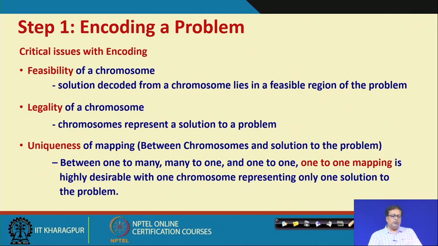If absolutely nothing can be done, then we should accommodate some infeasible solutions also with low fitness, but otherwise try to see that feasibility is maintained. That is what is required for encoding of chromosomes.